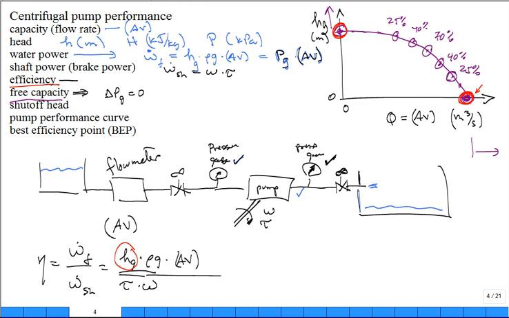For this curve, the pump performance curve, there's one point that has the best efficiency point. It's called the BEP, best efficiency point, right there, 70%. It'll not always be the same. Some pumps will have a higher value, some a lower value.